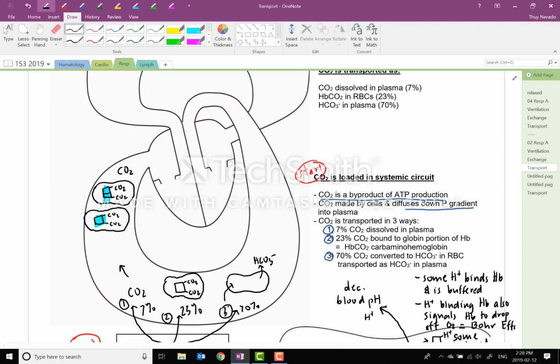So 70%, so I'm going to draw 7 of these bicarbonate ions to represent 70%. And this deoxygenated blood will all return to the right side of the heart, and then the right ventricle will pump it out to the lungs. And as we go to the lungs, then we'll see what happens and how we get rid of CO2. So I think I'll show that in the next video.